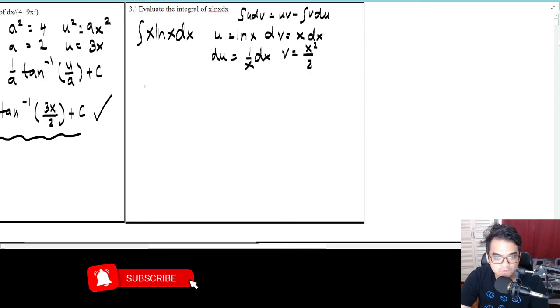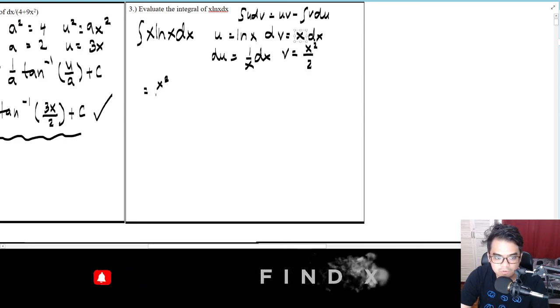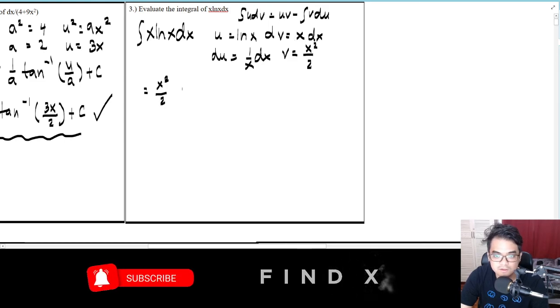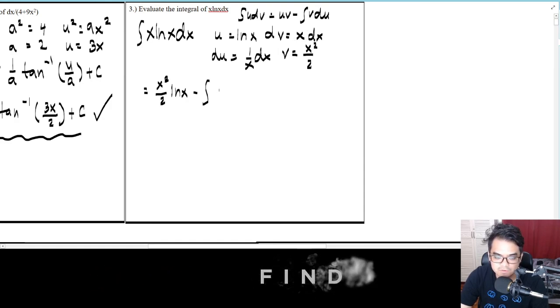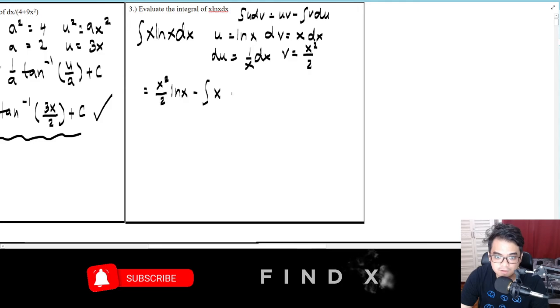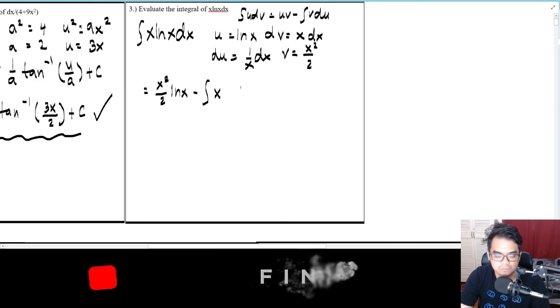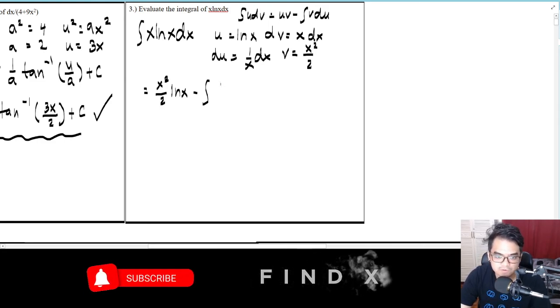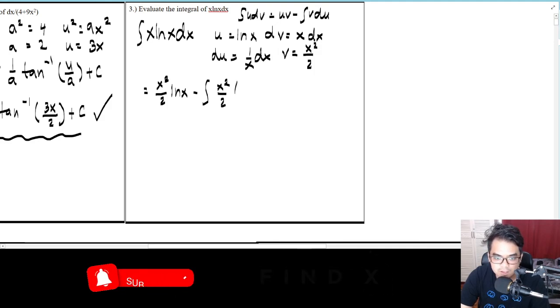Applying the formula, you'll have uv, that is x squared over 2 times ln x, minus the integral of v du. V is x squared over 2, and du is 1 over x dx.